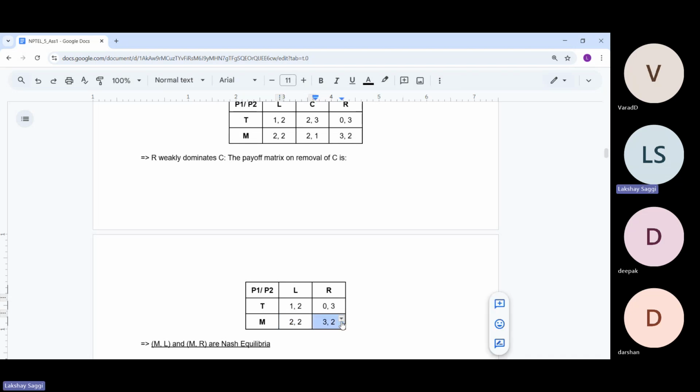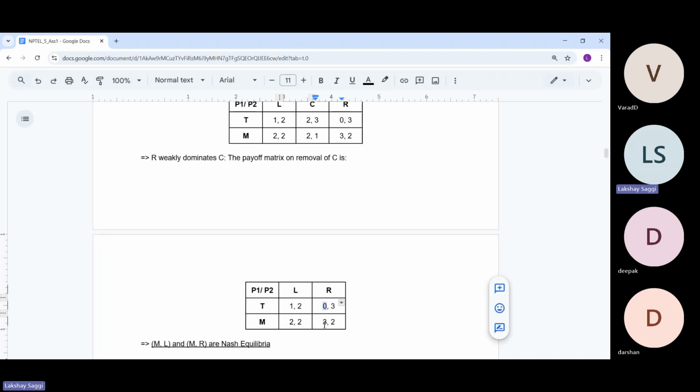And now let's check if this M comma R is a Nash equilibria or not. Right now, the payoff for the row player is 3 and the payoff for the column player is 2. If the row player decides to switch, the payoff for the row player will decrease from 3 to 0.